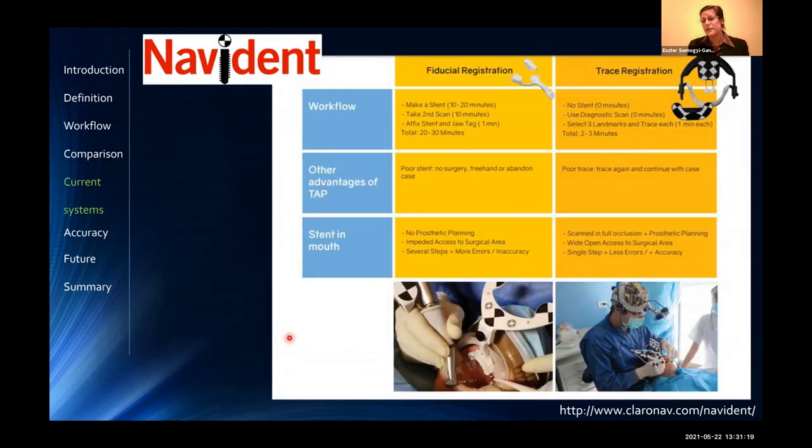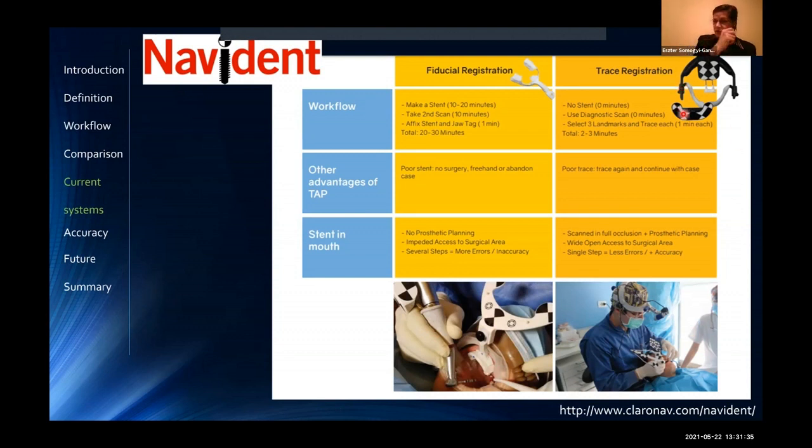And then Novident actually has a different type of registration now, where one does not need something attached to the patient's dentition. They trace some hard tissues, and it has a funny headgear for the patient. But the point is that they can just trace the teeth and relate this information to the computer, and the computer will realize, oh, now you are tracing the buccal surfaces of the maxillary incisors.